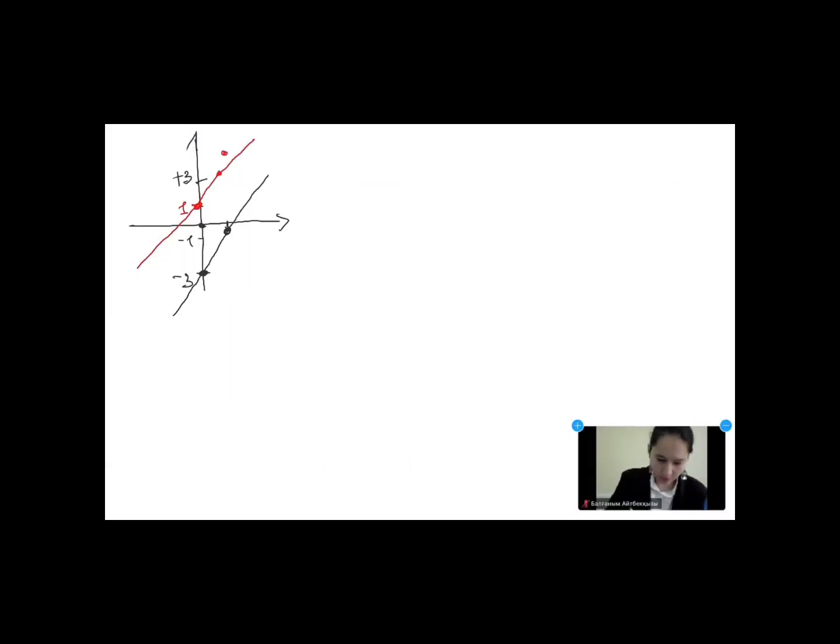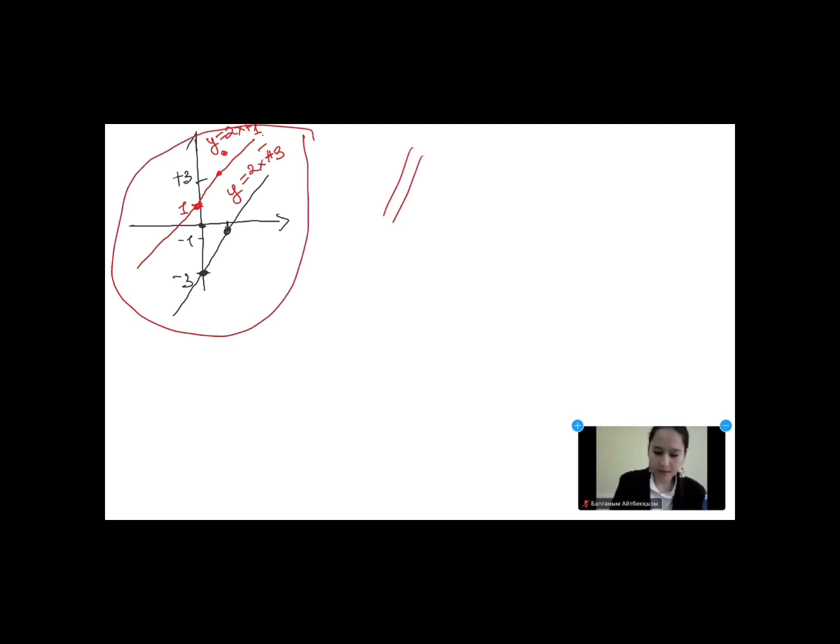And now here we can see that the two lines do not intersect. The first graph function is y equal to 2x minus 3, sorry. The second function is 2x plus 1. If the values of k of the given functions are equal, it means that the straight lines are located parallel.